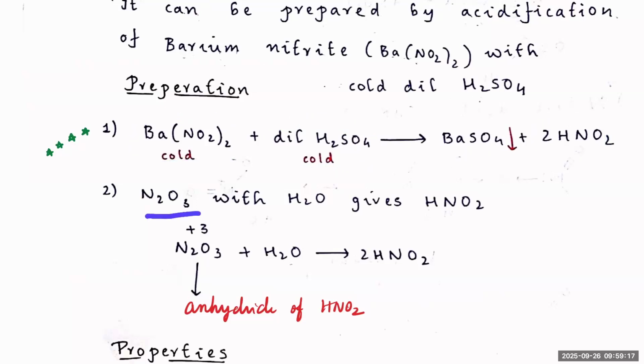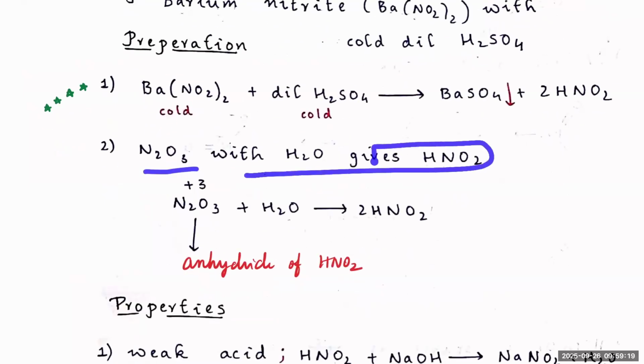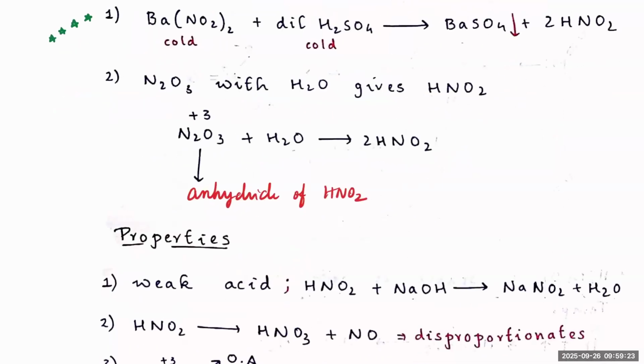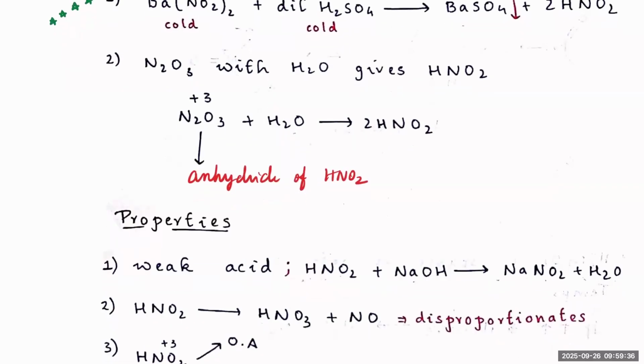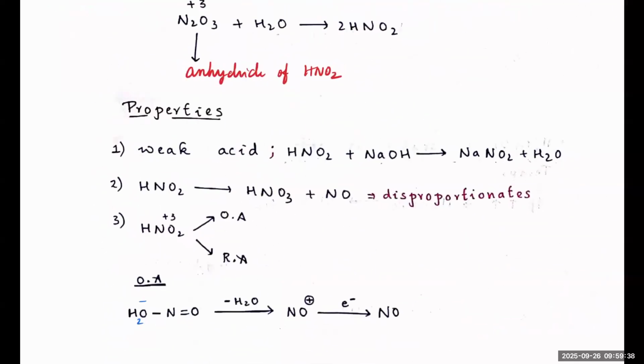N2O3 when you react with H2O will give you only HNO2. So here we can say definitely that N2O3 in fact is a pure anhydride of HNO2 because you are not getting anything else. Clear? So N2O3 is an anhydride of HNO2.